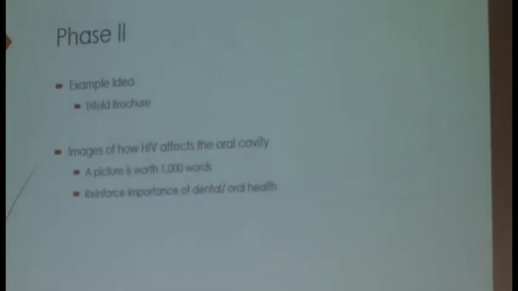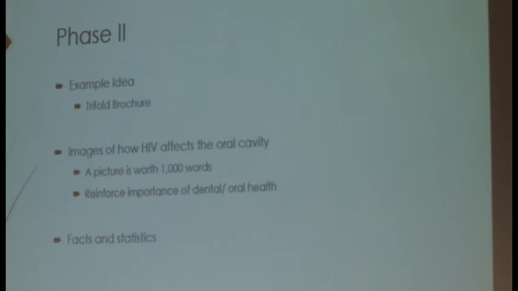So an example of what I thought could be a potentially good educational module would be something as simple as a trifold brochure that I make with the information from the focus groups. This brochure basically would contain images of how HIV affects the oral cavity. We often say that a picture is worth 1,000 words.